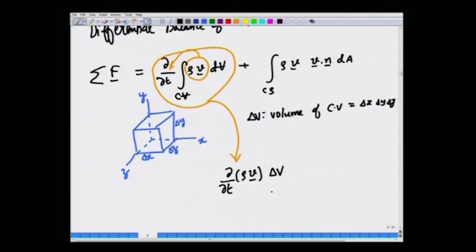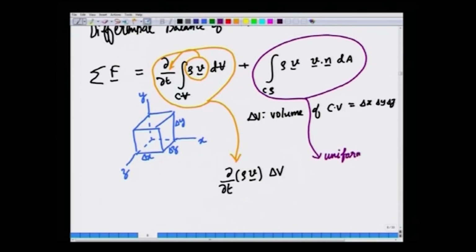The second term simplifies because, since the control volume is so tiny, you can assume uniform flow approximation, that is, the velocities, rho times v dot n, can be pulled out of the area integral, because they vary so little across the cross section.